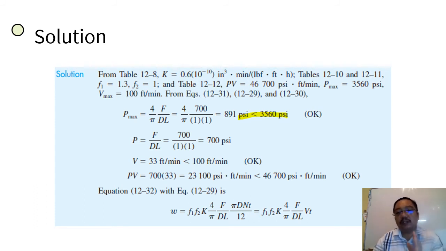You can pause this video and go back to the slide before this. Make sure it does not exceed the range. So 891 is below the range. P is this equation, 700 psi. V is 33, also within the range, below the range. So VB equals this, also below the range. You can get the equation for the wear.